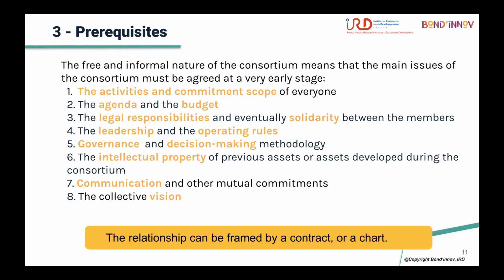But if you need to build a consortium, we need also to discuss at a very early stage how the budgets will be dispatched and how the budget, for example, will be managed, and we will give more details on this aspect.